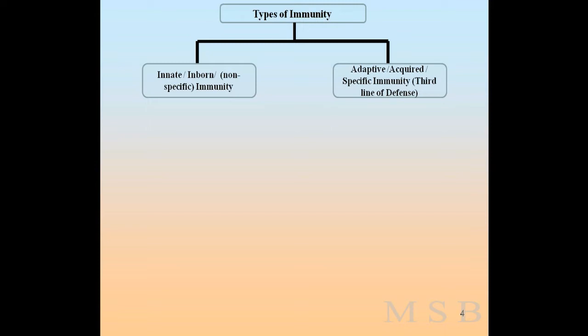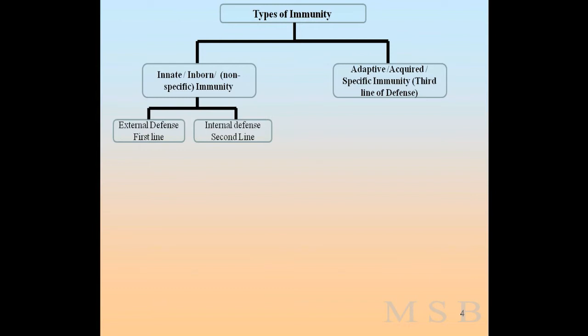Innate immunity is also known as non-specific immunity because it provides defense against a wide variety of infectious agents that include bacteria, fungi and viruses. It is further divided into external defense, that is the first line of defense, and internal defense, that is the second line of defense.